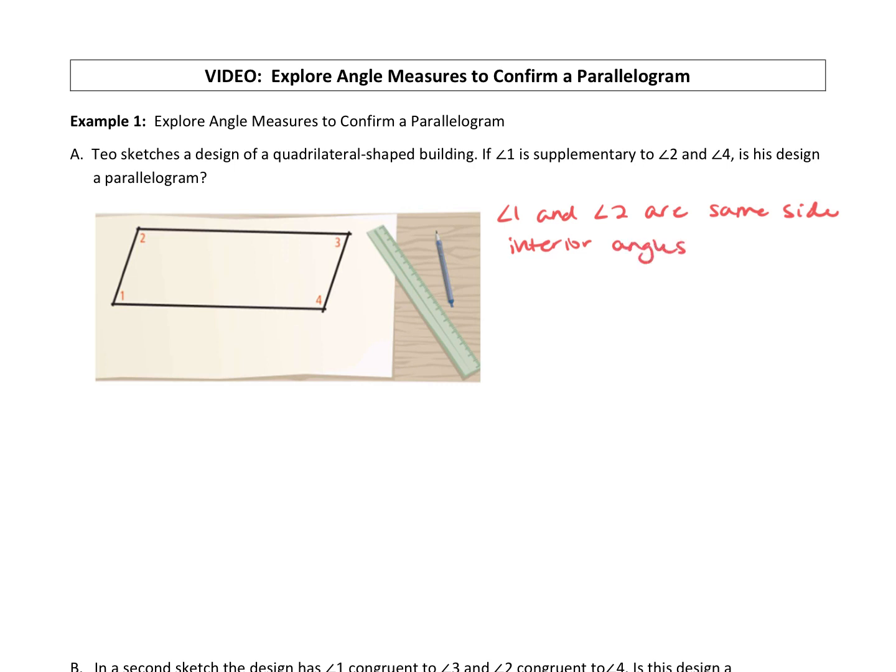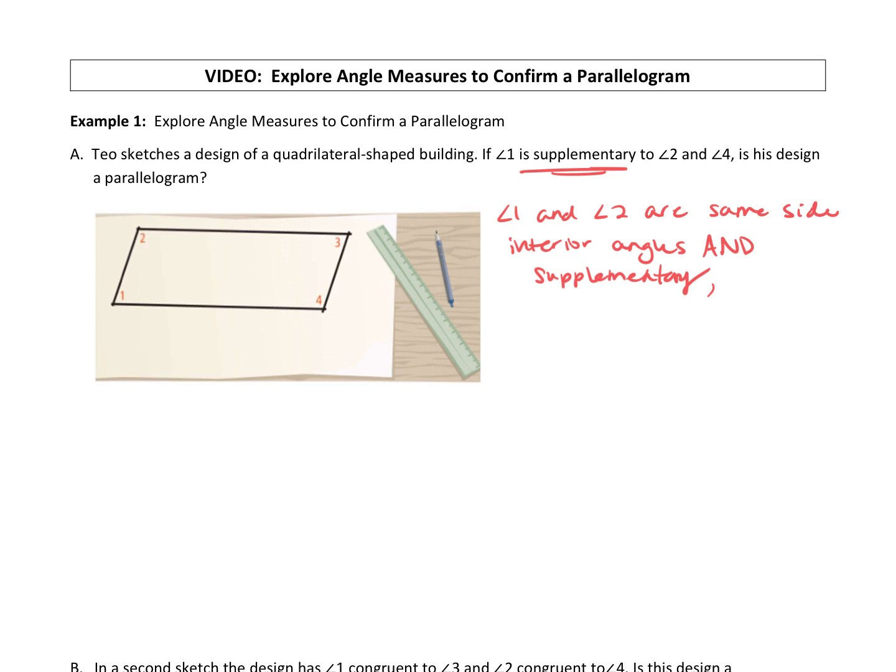Now, when your same side interior angles are supplementary, that means you've got a set of parallel lines. So angles 1 and 2 are same side interior angles. We can see that from the picture. And they did tell us that they are supplementary. Here's angle 1, formed by the bottom side and the left side.